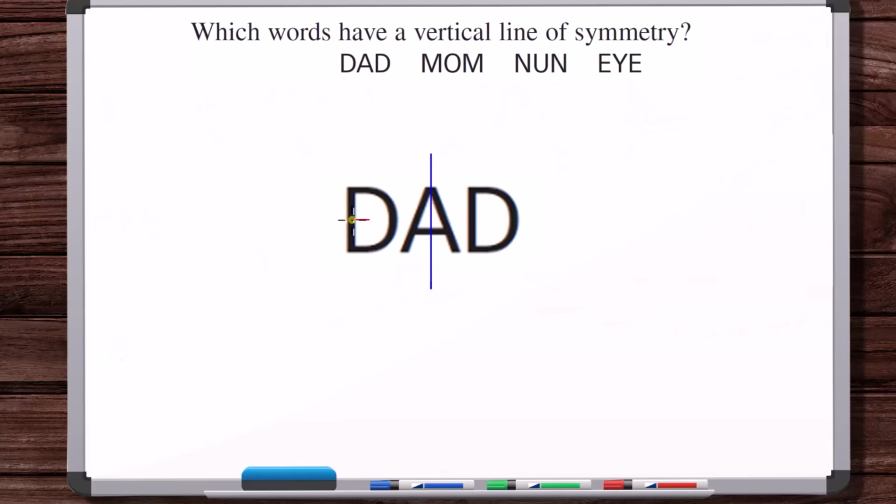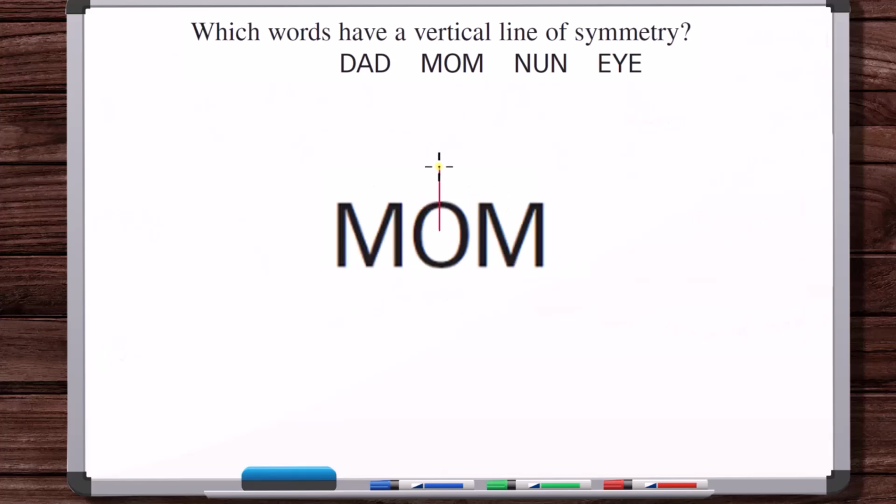Okay, that works. That works. It looks like a yes. Yes. Right down the middle there. Yep, this looks like a yes as well.